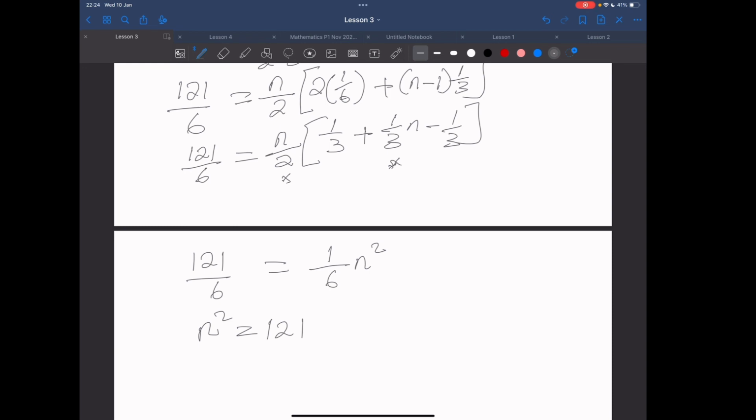Then we find the square root on both sides, so n is 11. This k that they said we must find, because they said we must calculate the value of k, means k is 11 because n is k. We need to know that n equals k.